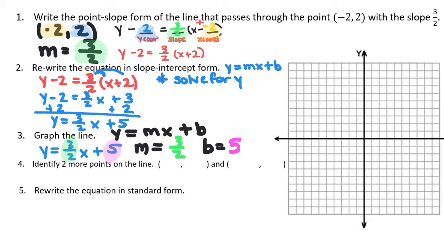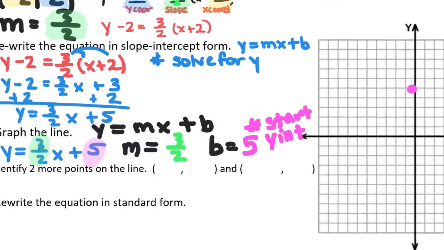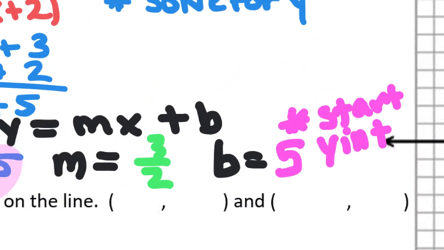And now if I want to graph, remember we always start with the y-intercept. So I can find a point 5, so I go up 1, 2, 3, 4, 5 to graph my point. And then because my slope is 3/2, this means that you're going to go up 3 and then right 2.